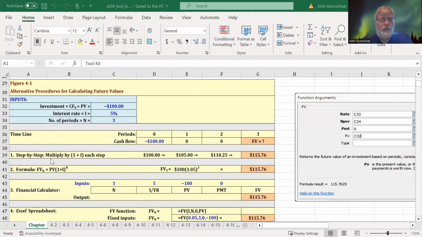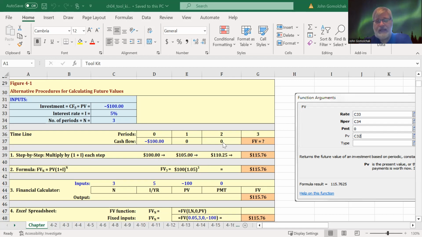Step by step, we multiply the principal times 1 plus i. Okay, so it's going to be 1.05, right? So that's how you get to the answer for what we're going to have at the end of period 1. So in period 0, we have the original investment of $100. At the end of period 1, we've multiplied that 100 times 1.05, and we get $105.